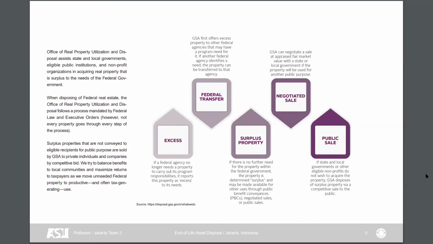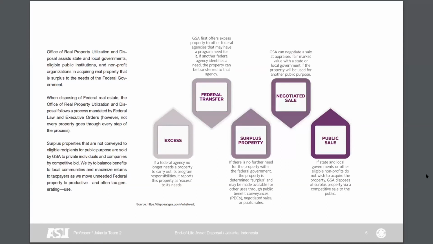That could be a federal transfer, where the property is taken over by another federal agency, or surplus property, where the property is deemed not needed within the federal government and determined as surplus. It could then be made available through uses of public benefit, negotiated sales, or public sales.